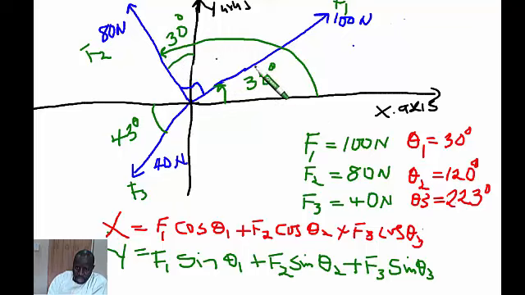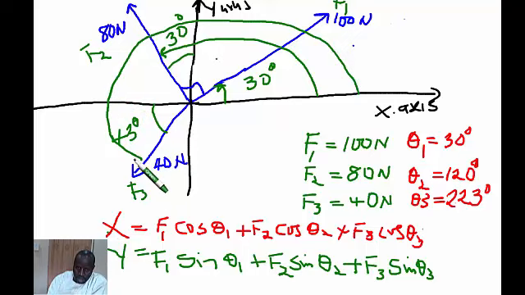So this is 30, this is 60, this is 30, and you can sum them to get 120. And the angle between F3 and the x-axis is this angle. You sum all this: 120 plus 60 is 180, 180 plus 43 will give you 223 degrees.